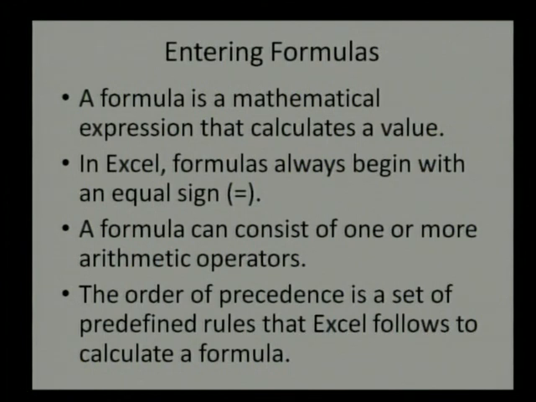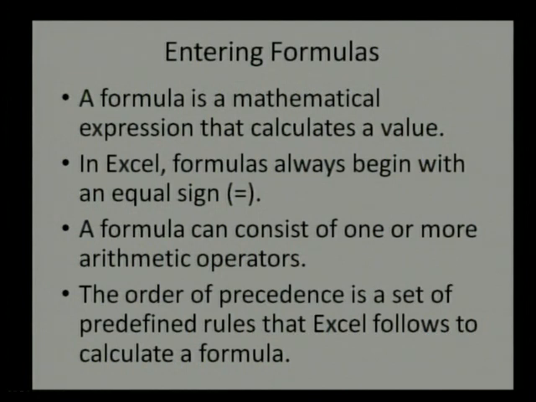That type of formula can also be written in Excel. So every formula begins with an equal to sign. A formula can consist of one or more arithmetic operators and some constants also.